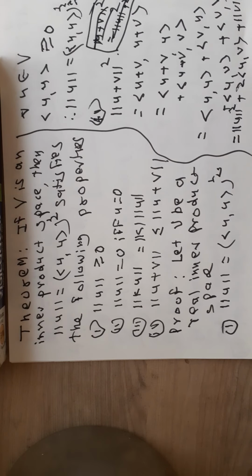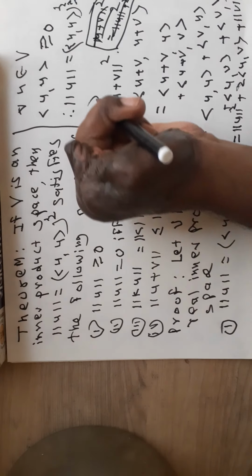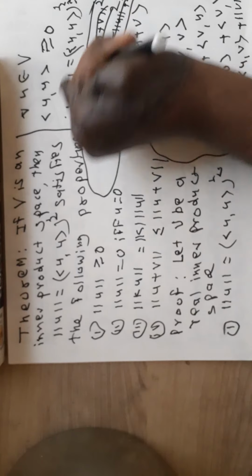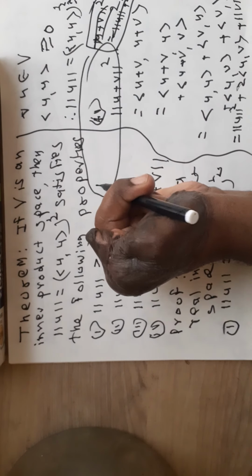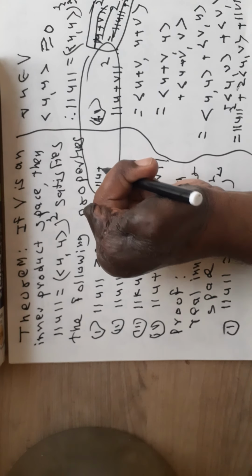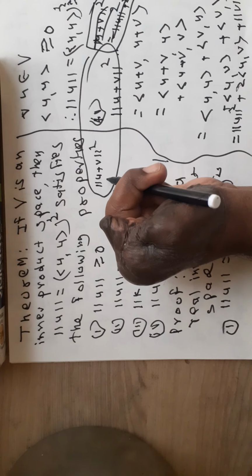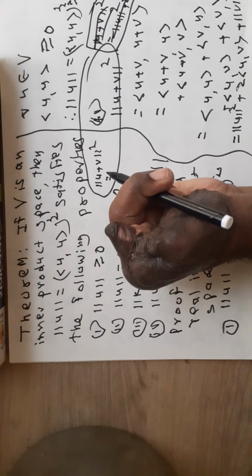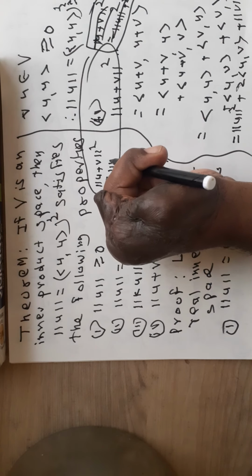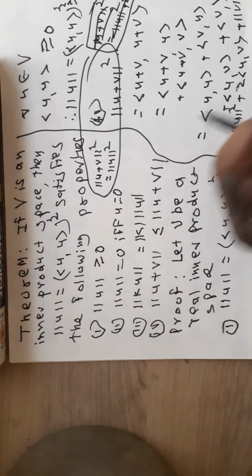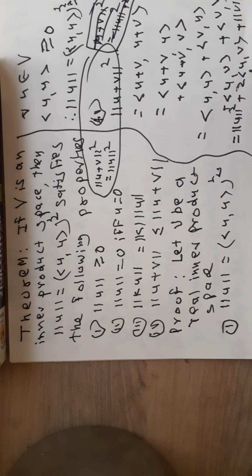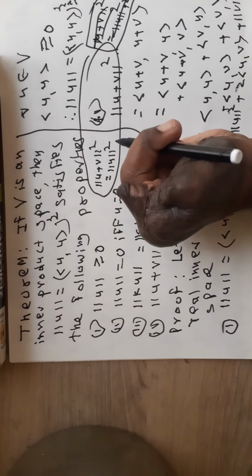Therefore, by the Cauchy-Schwarz inequality, 2 angle bracket u comma v is less than or equal to 2 norm of u into norm of v.